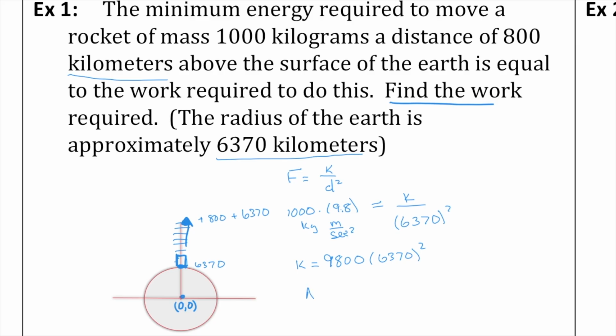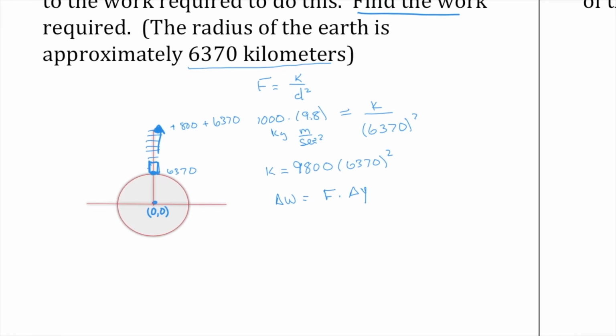So delta W is going to be equal to the force multiplied by each slice. Oh wait, these are traveling in the Y direction, so we're going to use delta Y. Work is going to be the integral wherever our slices occur, so that's from 6,370 all the way up to 800 plus 6,370, in kilometers.